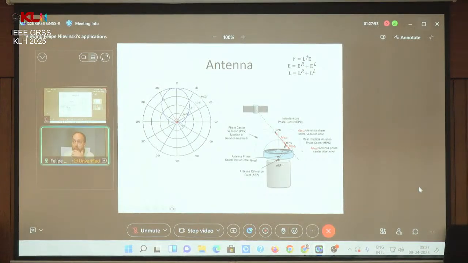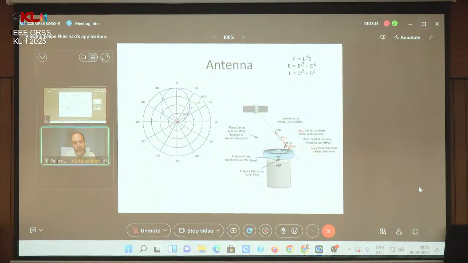So you end up with a mixture of the two in the voltage. So you have the electric fields, and the antenna will transform that into a voltage that gets propagated in the antenna cable to the receiver.